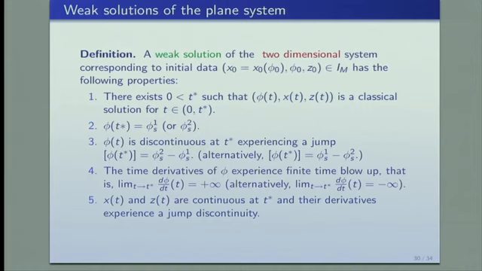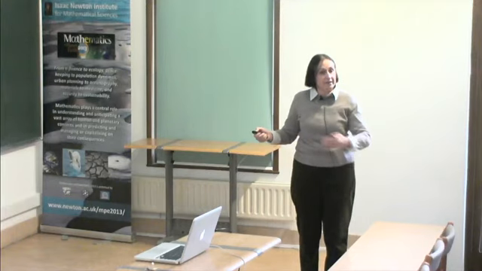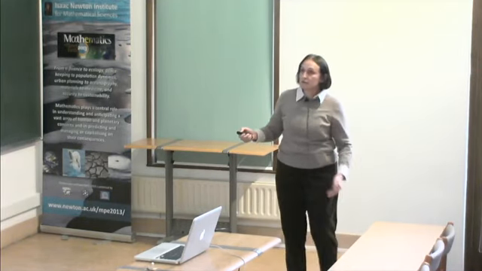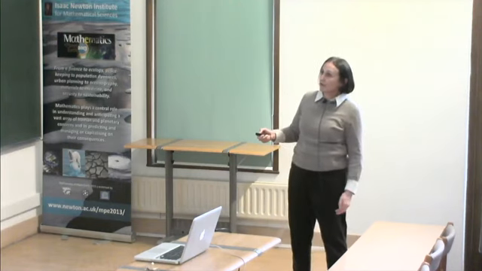Okay, so now I'm allowing these weak solutions to experience a jump discontinuity. So we are able to extend the solutions by jumping to the other branch, and then we have a discontinuity of phi. This is exactly the volume phase transition, because we just have a jump in volume fraction.